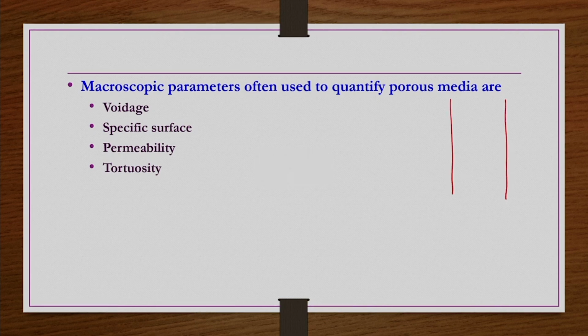Let us say you have a vertical column and there is a perforated plate at the bottom, and then we pack this column with certain kinds of particles, maybe glass beads or broken glass or Raschig rings, regular or irregular particles, whatever is possible.